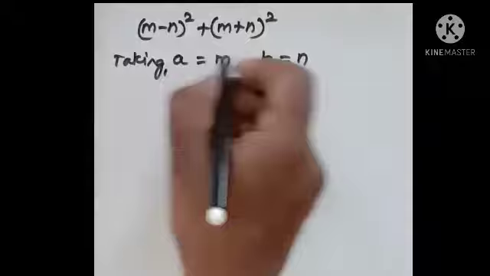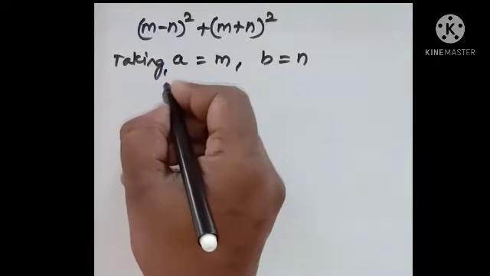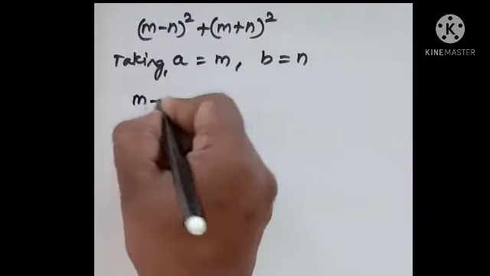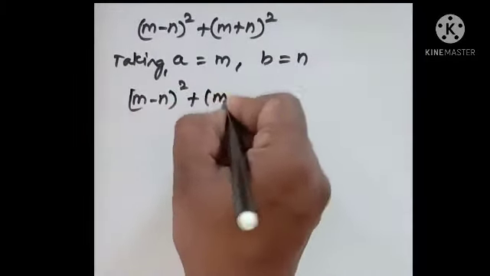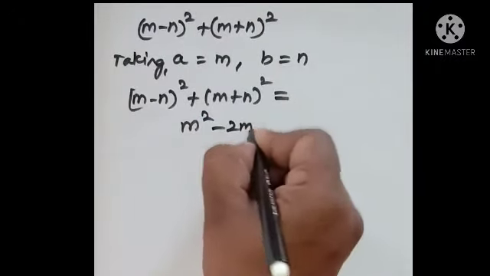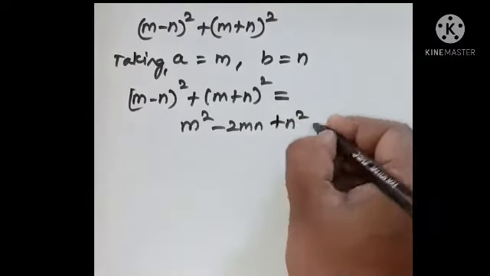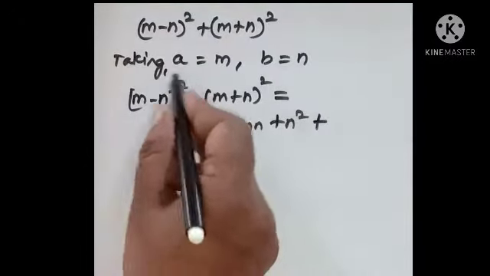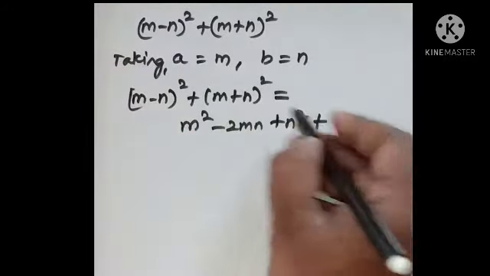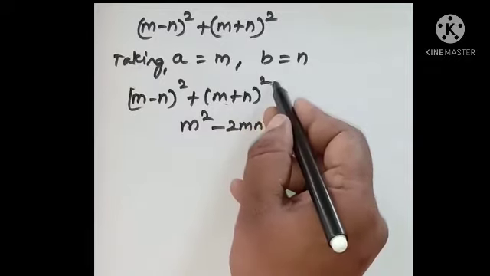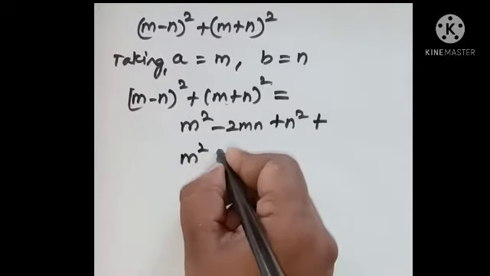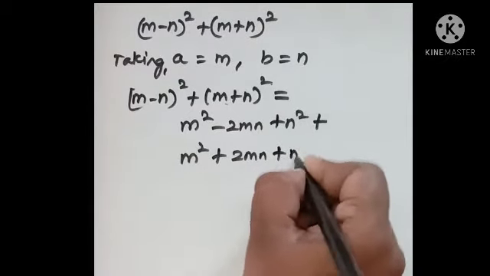So by using the above two identities, we can express (m minus n) whole square plus (m plus n) whole square as m square minus 2mn plus n square plus, and for (m plus n) whole square we use the (a plus b) whole square expansion, that is m square plus 2mn plus n square.